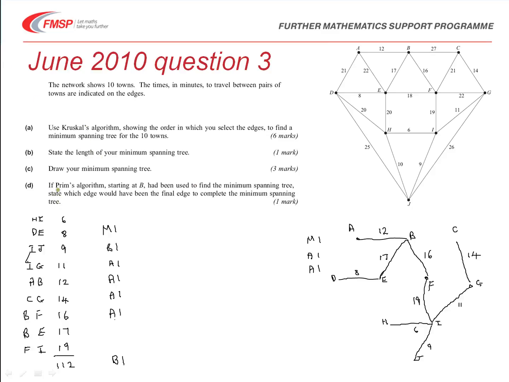Then part D says if Prim's algorithm is used starting at B to find the minimum spanning tree, which would be the final edge? It's just 1 mark for stating the final edge.